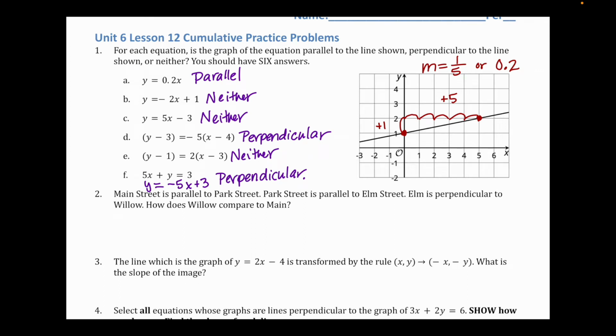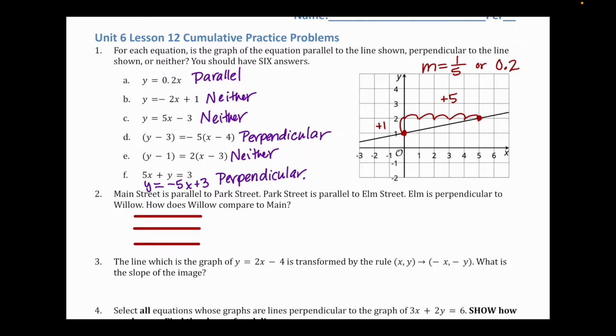Main Street is parallel to Park Street, and Park Street is parallel to Elm. So let's talk about these streets here. I'm going to draw a couple lines. If I have Main Street, that's parallel to Park Street, and Park Street is parallel to Elm.